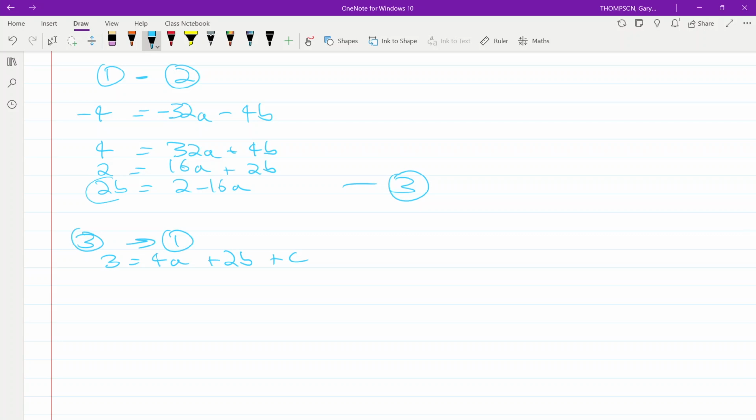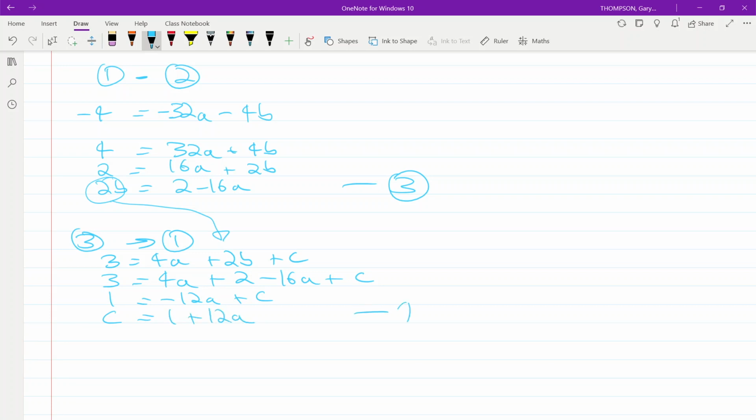I'm going to substitute in the 2b there. So that becomes 3 equals 4a plus 2 minus 16a plus c. Now let's simplify this a bit. I can go 1 is equal to minus 12a plus c, or c is equal to 1 plus 12a.